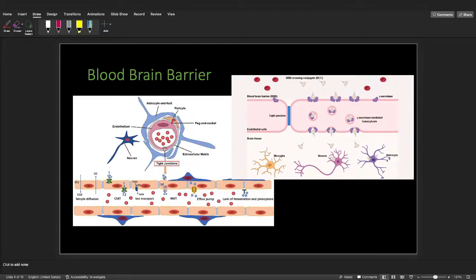I wanted to show you a quick diagram here on the right side to show you that there are tight junctions that also protect the brain from getting some unknown substances and things like that.